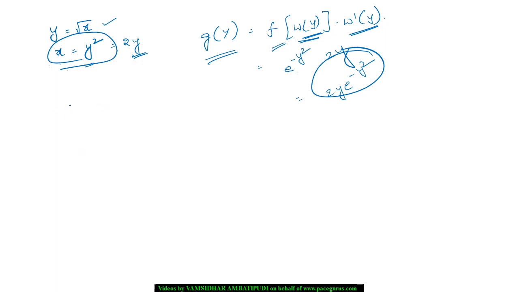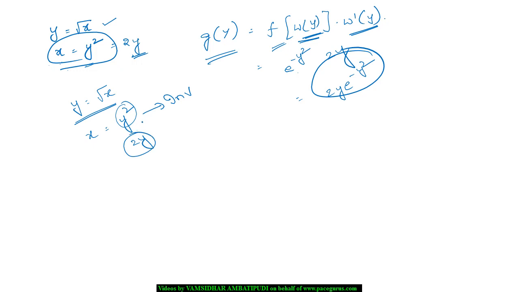If you look at the process once again, I was asked to find the density function of y equal to square root of x. So I first find x in terms of y, which is nothing but the inverse function. I have to see whether this inverse function that I have got is differentiable, because these two inputs I am going to use.